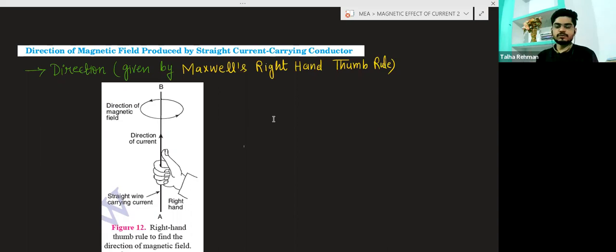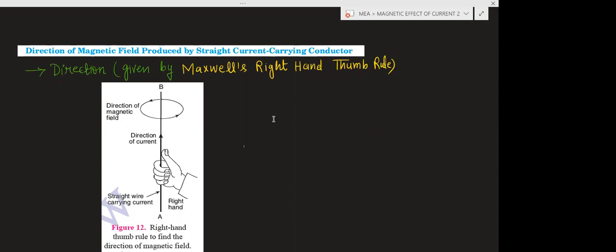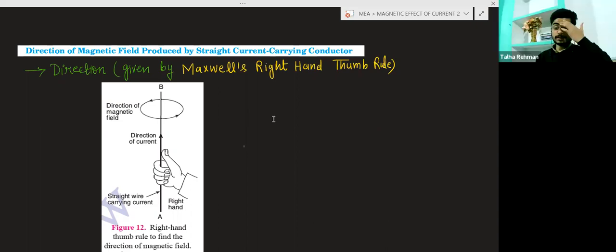After that we will solve sample papers, questions, and previous year questions. From this chapter, electric motor, electric generator, Fleming's right hand rule, and electromagnetic induction are deleted. These 4 topics are deleted.